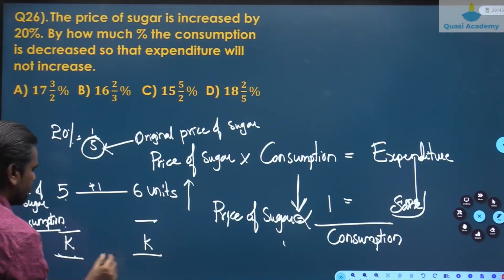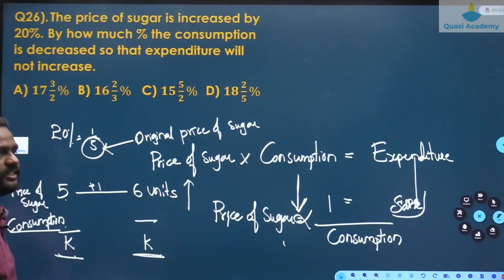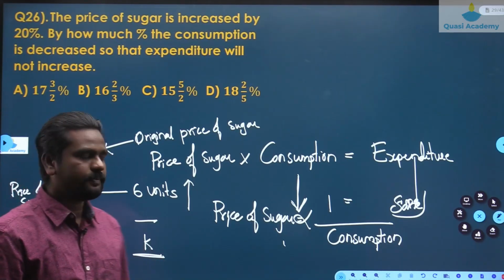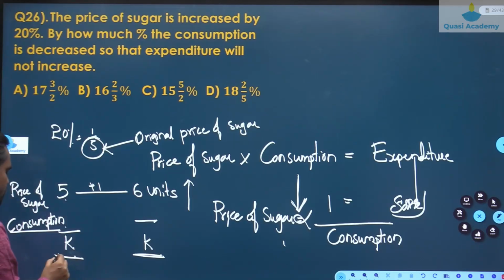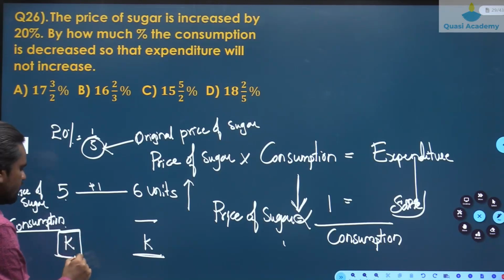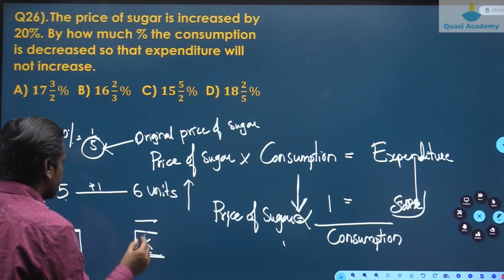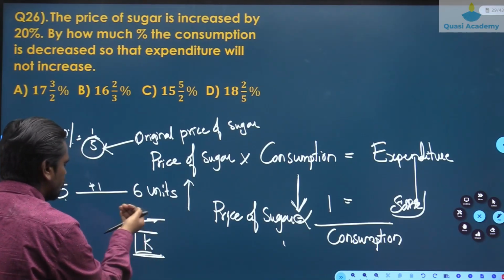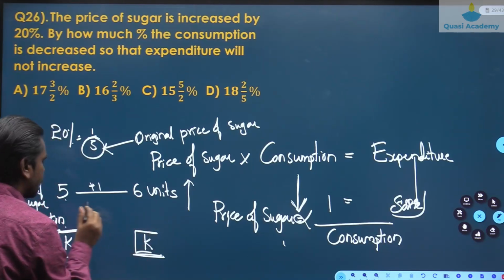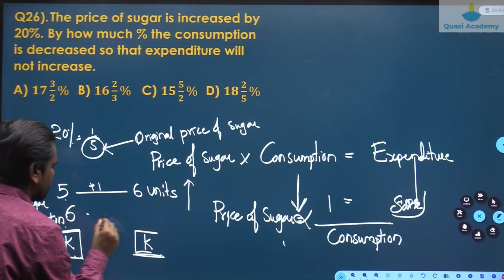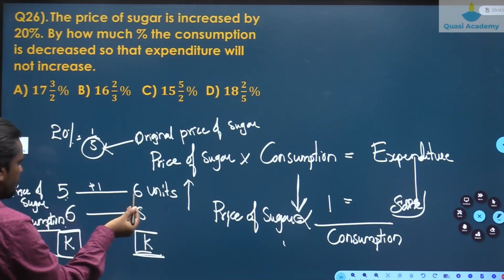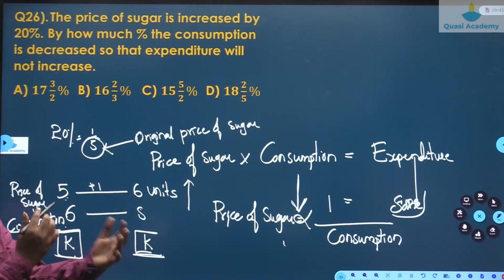As the expenditure should be the same, we are assuming that this is the constant expenditure. So to have the constant expenditure, what we should do is, we have to write inversely.